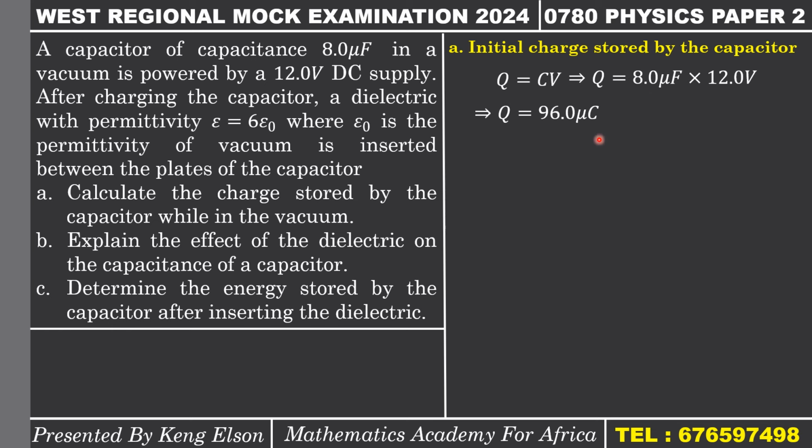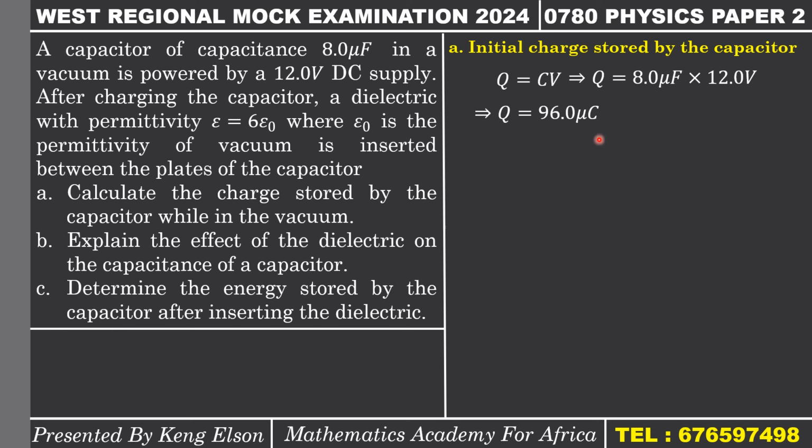So epsilon is the permittivity of the medium involved, D is the plate separation, and A is the area. Initially, if the medium is vacuum, then the permittivity is epsilon 0, and with that the capacitance will be epsilon 0 A divided by D.